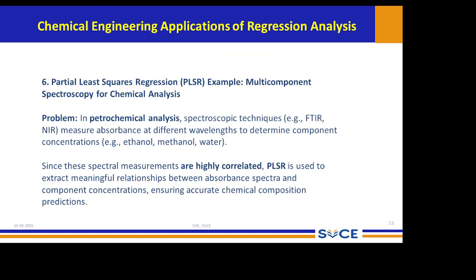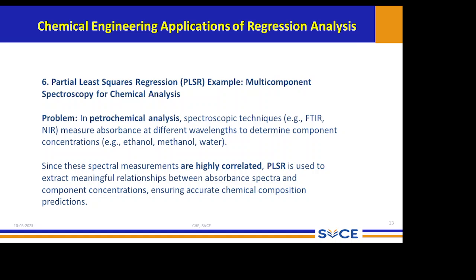Coming to partial least square regression, a very good example is spectroscopic techniques like FTIR, Fourier transform infrared spectroscopy, and NIR, near infrared spectroscopy, which measure absorbance at different wavelengths. Even a UV spectrophotometer helps you determine the elemental analysis, right?